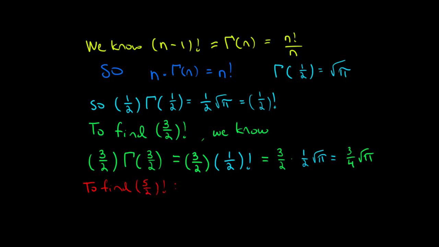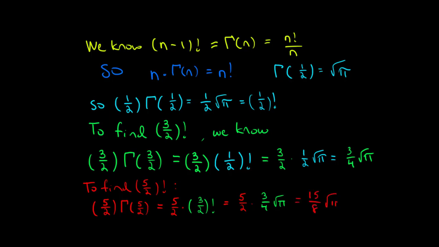To find 5/2 factorial, well, that would just be 5/2 times gamma of 5/2, which is 5/2 times 3/2 factorial, which we just determined. So that would be 5/2 times 3/4 the square root of pi.